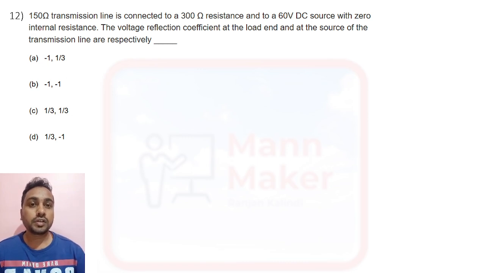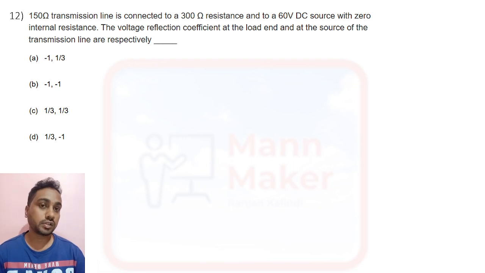Now next question: a 150 ohm transmission line is connected to a 300 ohm resistance and to a 60-volt DC source with zero internal resistance. The voltage reflection coefficients at the load end and at the source end of the transmission line are respectively.